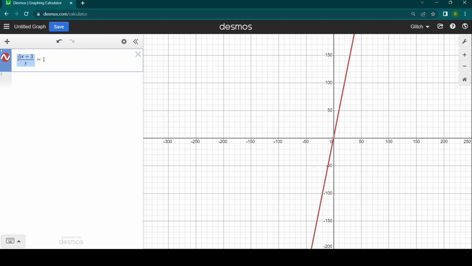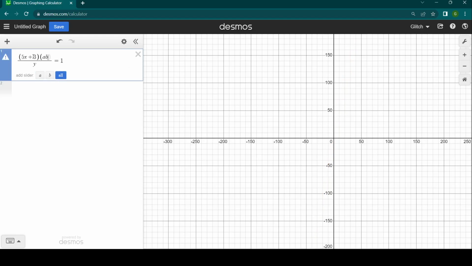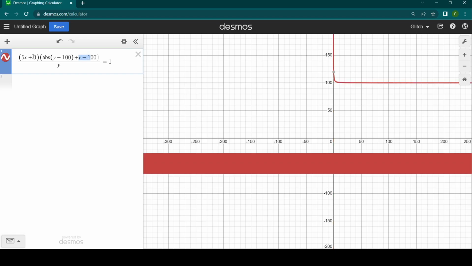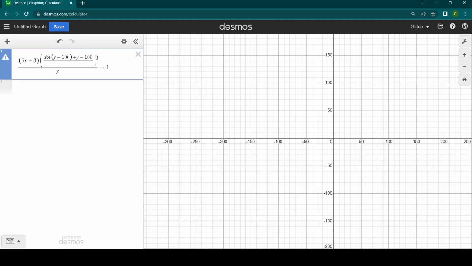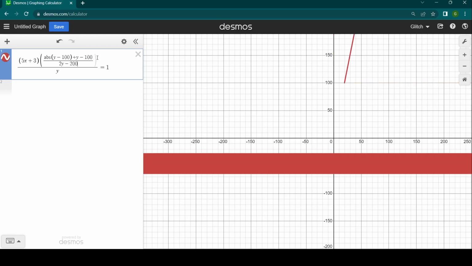You need the actual function in parentheses, and then you multiply it by the absolute value of y minus 100 plus y minus 100, divided by 2y minus 200, and we're going to make it negative.